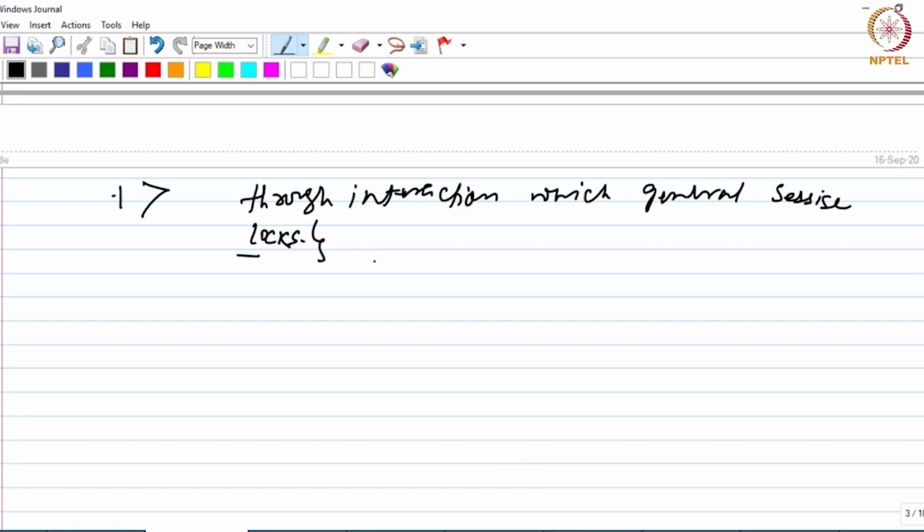Such features on the dislocations generated due to dislocation interactions are known as sessile locks. Sessile means they cannot move, the opposite of which is glissile, which means a moving entity. So we have seen how sessile locks can form when the dislocations interact with each other.